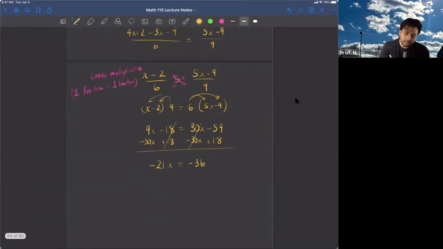Then divide by -21. So I get that x is equal to positive 36 over 21. I can further simplify this, divide by 3, and I get 12 over 7. So the answer is x is equal to 12 over 7.